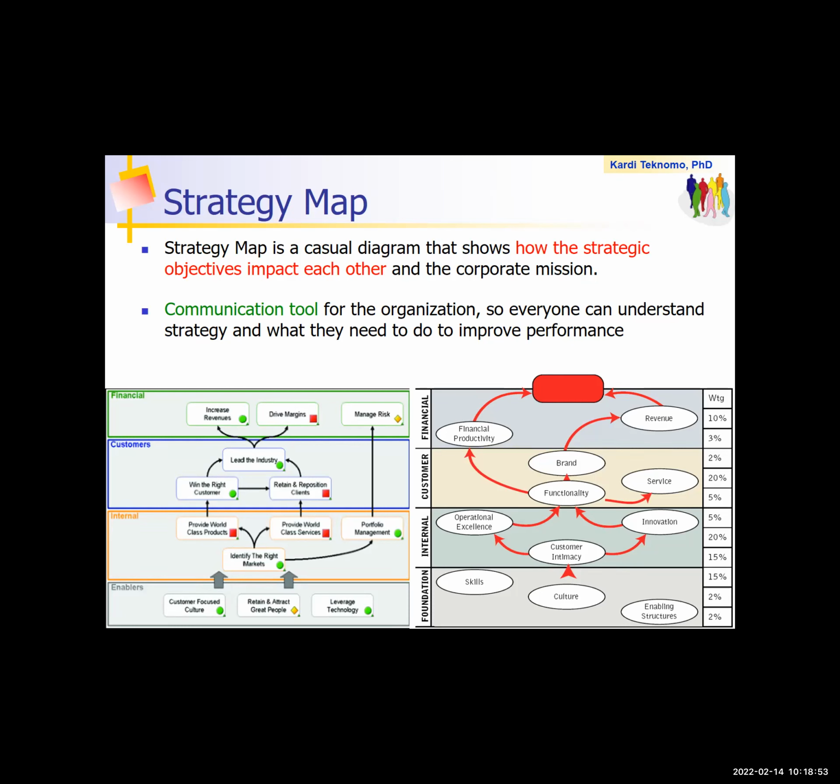Say in the financial, you have increased revenue, and then you have a certain margin. That comes from where? That comes from the customer. We want to lead the industry, we want to win the right customers, we want to have certain repeat clients. So you see that this will affect what? You can see the cause and effect based on the arrows here.